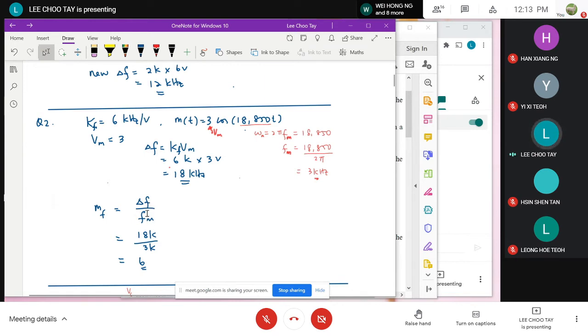How to find Fm? Fm you find from here, as I mentioned previously. This is your omega m, and omega m is 2 pi Fm. So to find Fm, just take this number divided by 2 pi, which gives Fm equals 3 kilohertz. So 18k divided by 3k gives you a modulation index of 6.